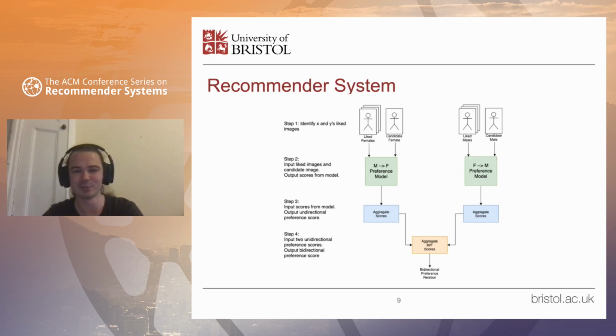This gives us a number of scores from our Siamese network. We aggregate these scores using a random forest aggregator trained on different data. This gives us 2 unidirectional preference scores, from A to B and from B to A. We aggregate these 2 scores using the harmonic mean, which is fairly standard in reciprocal recommendation and has been shown in our research last year to produce a fairly good approximation of bidirectional preference from unidirectional scores.